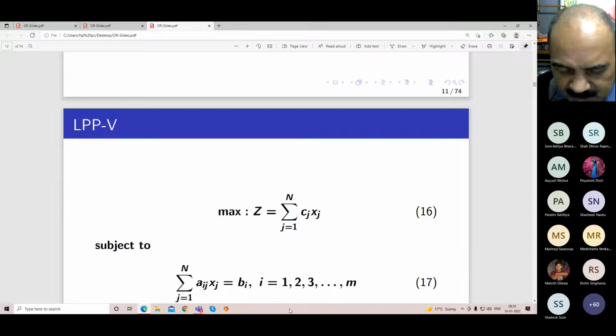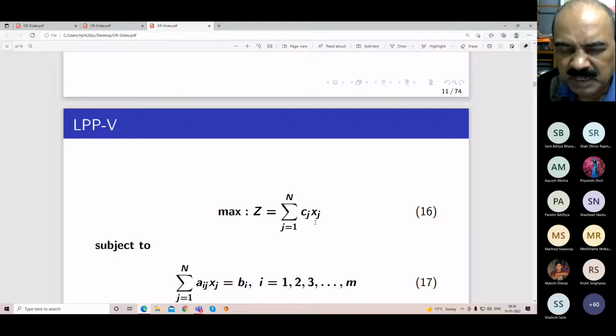You see, in the objective function, after c1 x1 plus c2 x2 plus c3 x3 up to cn xn, then plus 0 into xn plus 1 and so on, because the coefficients are not there. So it is 0. I can write some as 0.